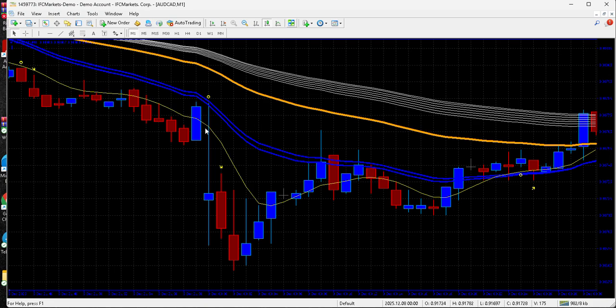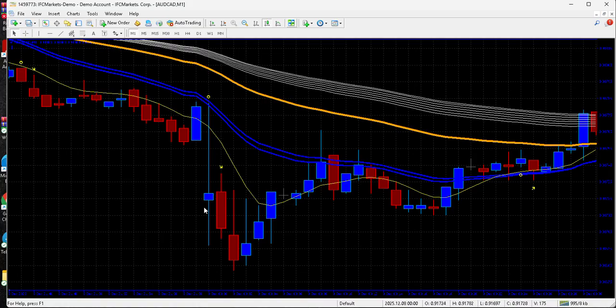But one thing you can take away from slippage is when it jumps down like this, a lot of times the next candle will go down. If it jumped up, usually the next candle will go up. Not always, but a lot of times.